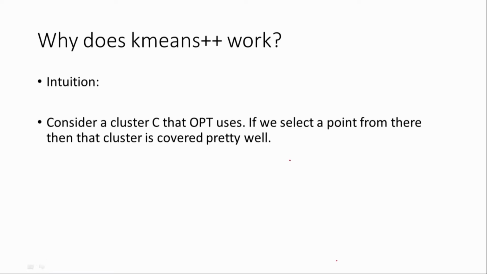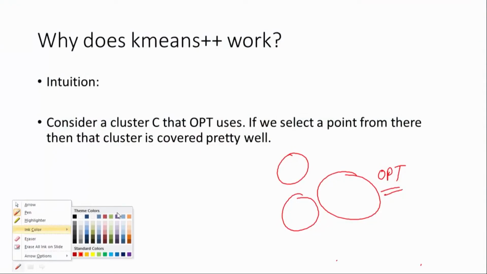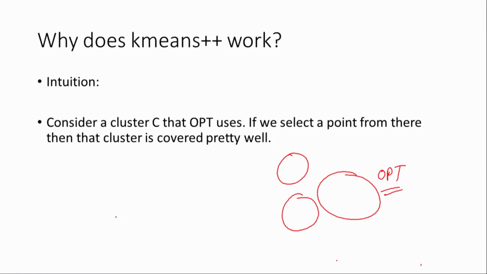The intuition is something like this: suppose there is some optimum clustering, which is that suppose God had told us that this clustering is really the optimum of the k-means objective function. Now imagine what is happening to k-means plus plus.